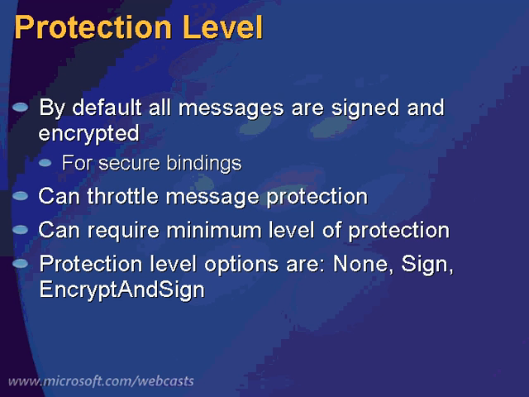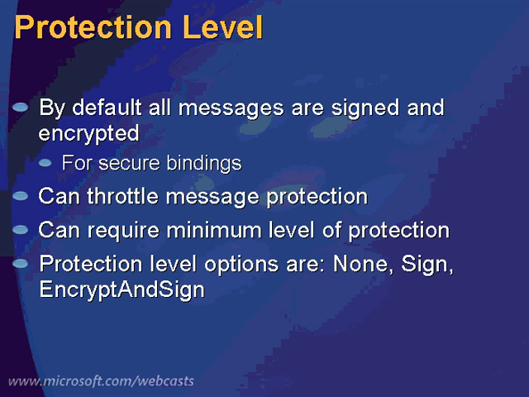So, given that we're talking right now about configuring which mode do I use, transport or message security, the thing that we're controlling here, or could be controlled here as well, is the level of protection. Do we want to encrypt and sign the message, or do we want to just sign it, or do we want any protocol protection? Now, typically, you want to encrypt and sign, and that is the default.